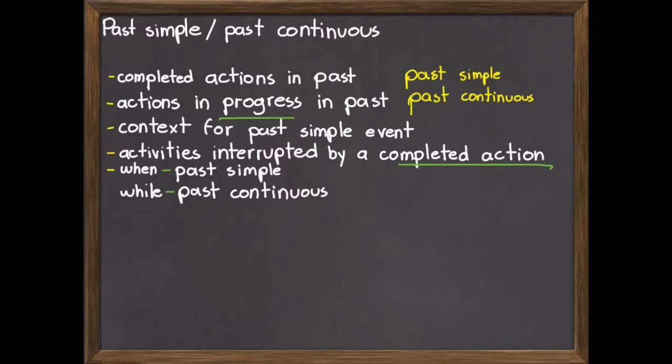Okay? So now the next rule is for negatives and questions. Well, when you're using the past simple, you would use the auxiliary verb did. For example, for a negative form, notice in a sentence, she didn't notice him.